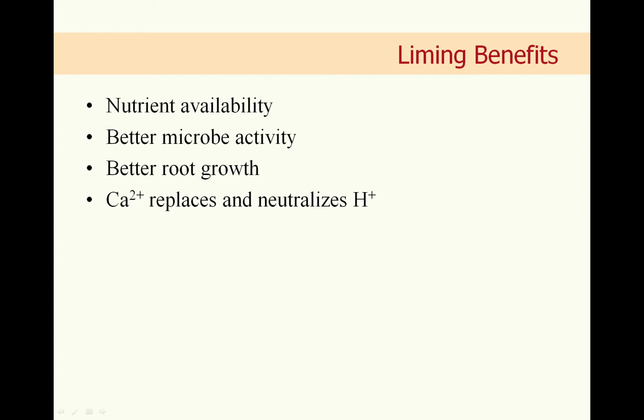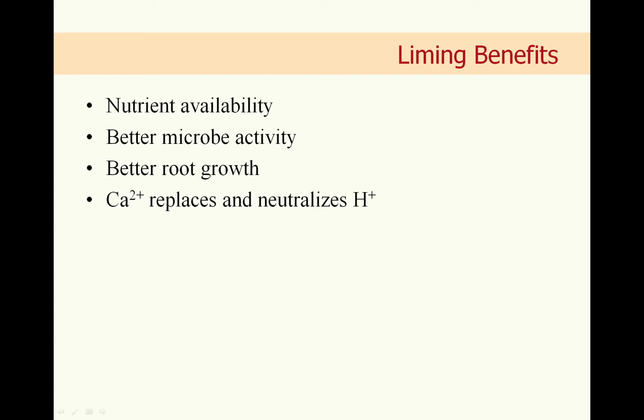So liming can raise the pH of an acidic soil, and one of the advantages of this is nutrient availability. Certain nutrients are more available at certain pHs, and generally pHs near neutral lead to greater nutrient availability. Microbe activity is also better at a more neutral pH and not as good at the extremes. Microbe activity is necessary for a lot of things.